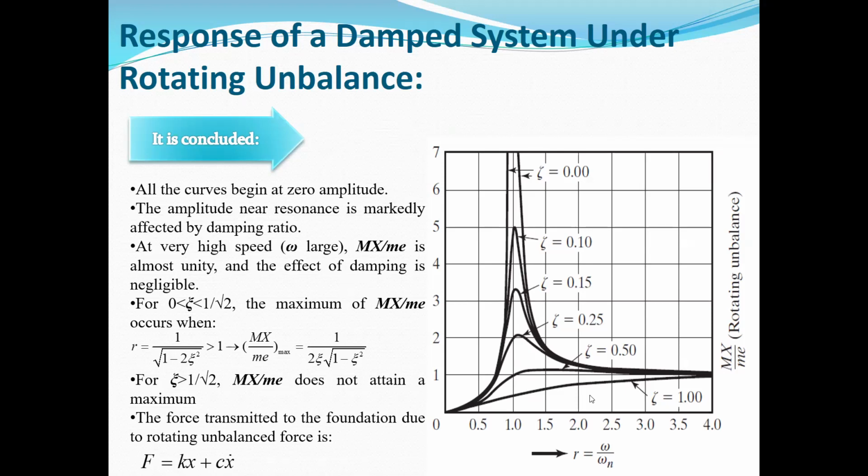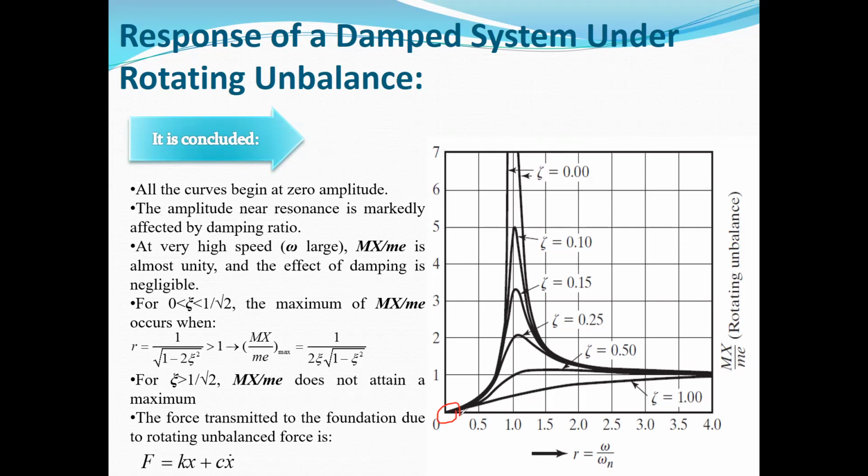Here you can see, if you plot the graphs for mx divided by me, which is called rotating unbalance, all of the curves will start from this point 0. What does it mean? It means that this force is due to the motion of the mass with lowercase m, or unbalanced mass.